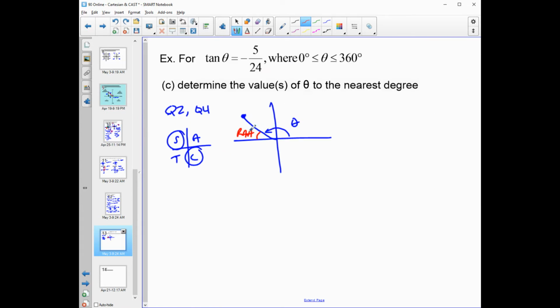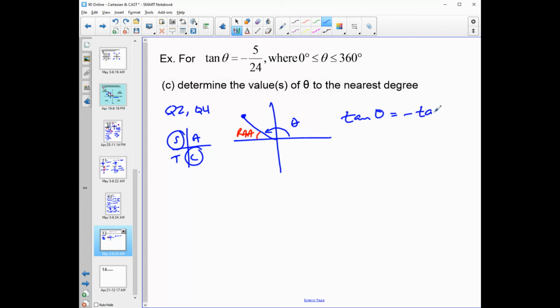So what we're going to do is say that the tangent of theta must be equal to, well, in this case we've got a negative value because of the CAST rule. We know tangent's going to be negative.